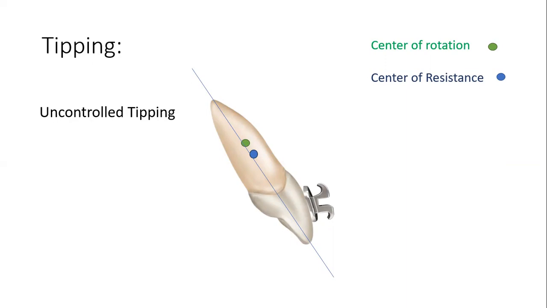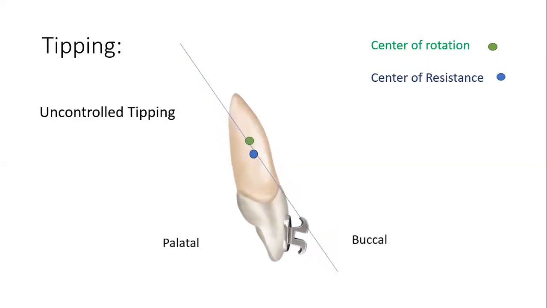In uncontrolled tipping, as you can see in this picture, the center of rotation is very close to the center of resistance. So, when this type of tooth movement happens, as the center of rotation is very close to the center of resistance, the crown will move in one direction and the root will move in the other direction. That is, the crown will be moving palatally, whereas the root is moving buccally.